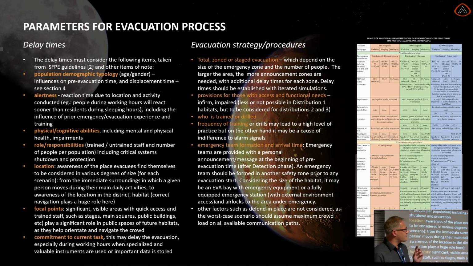So it is very important to take all the parameters carefully and analyze them. You may see examples of the work on the right. I did them for a few competitions already. I made a summary of them for habitats of 115 people, 1,000 people, and 10,000 people.